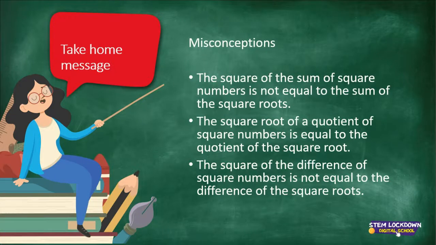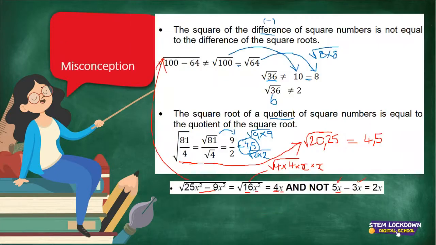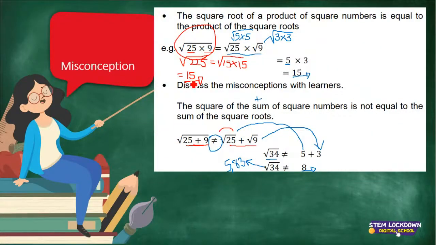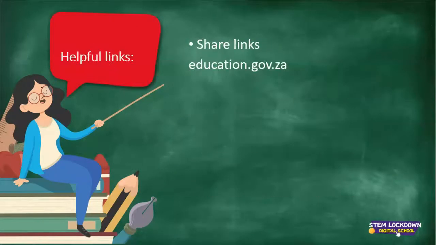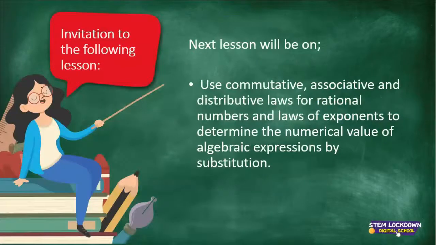And then, misconceptions. You need to remember these misconceptions here. Multiplication and addition, you can't solve them the same. Likewise, with subtraction and division, you cannot solve them the same. Those are misconceptions that learners struggle with. Other than that, tomorrow we'll look at substitution, substituting numbers into variables.